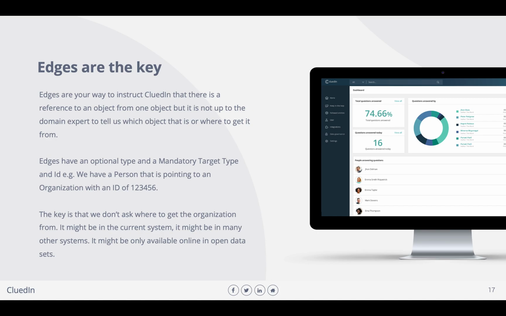But what is necessary are 2 components to construct an edge: the ID of that target item and the type. So for example, if we had a person table that had a property or a column called organization ID, all we need to do is flag that this organization ID is an edge to an organization with this ID.